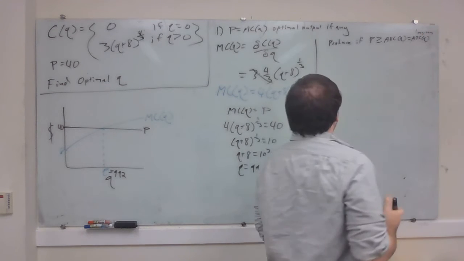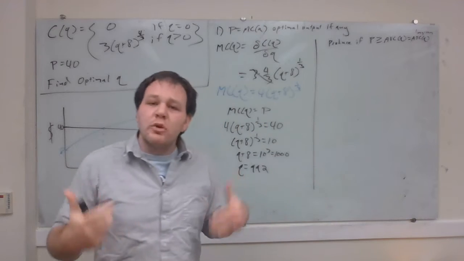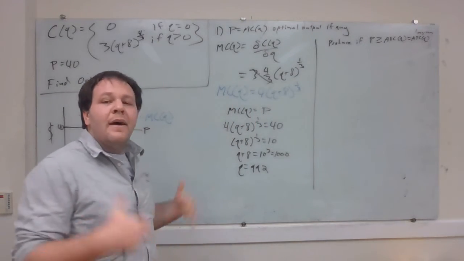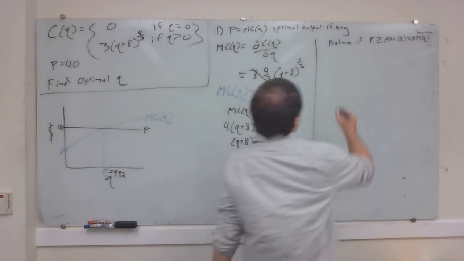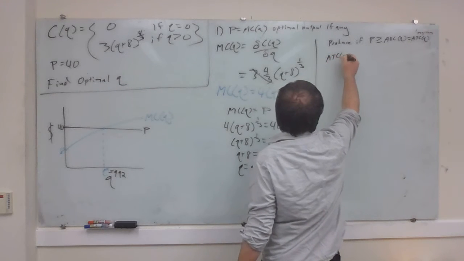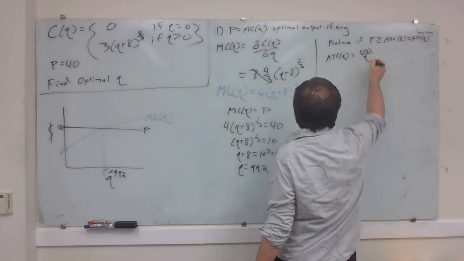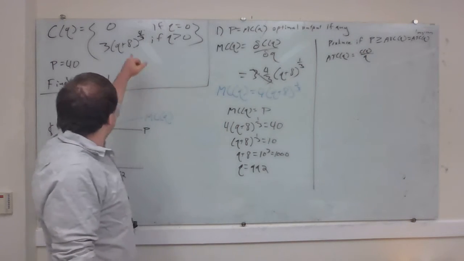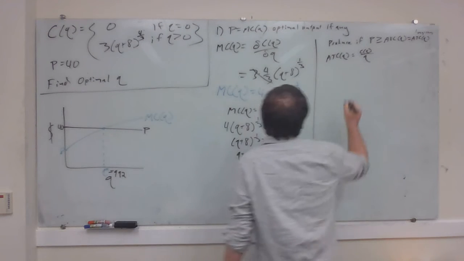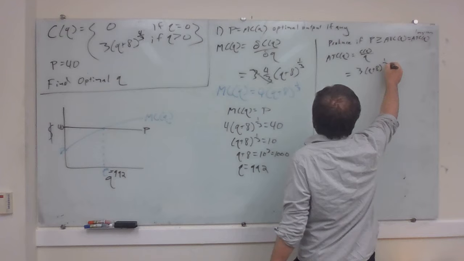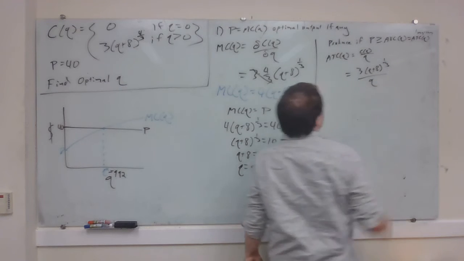Beautiful. So how are we going to find our average total cost? Well, we're simply going to divide our total cost by the amount of output. So we'll say ATC is going to equal C of Q over Q. If we're producing more than 0, this is going to be 3 times (Q plus 8) to the 4/3 over Q.